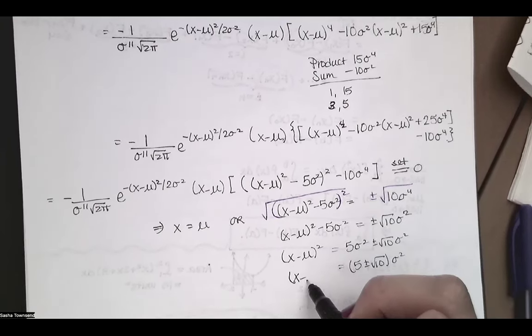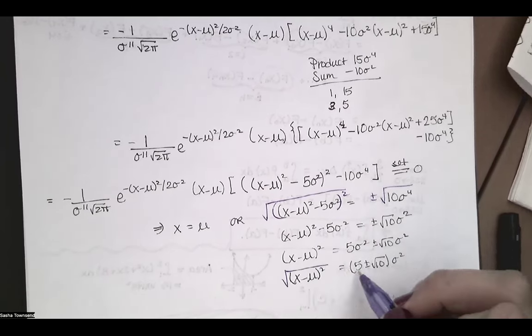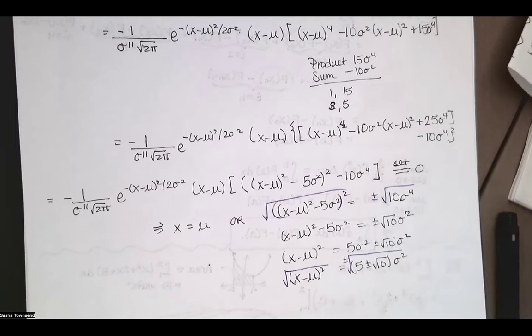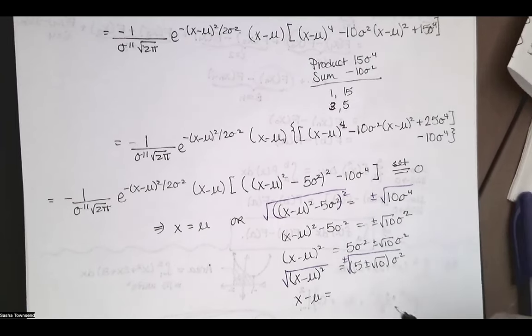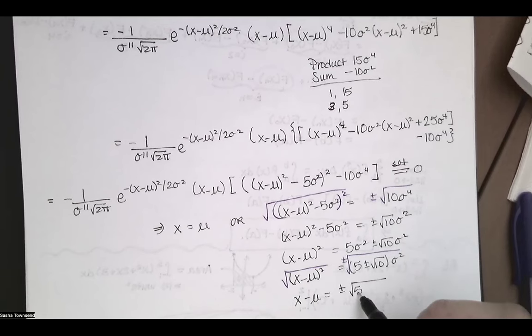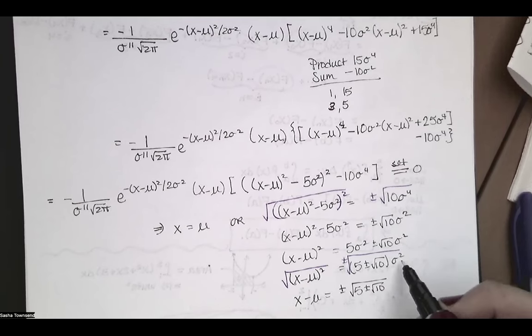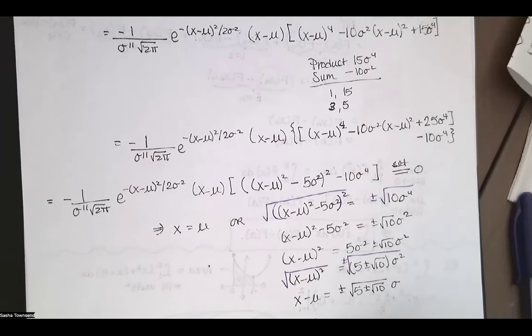And we still have an x minus mu squared there. Trying to get x by itself, so we'll take the square root of both sides. Don't forget your plus or minus on the right. We end up with x minus mu equals plus or minus the square root of 5 plus or minus the square root of 10, and square root of sigma squared is just sigma. So we have x equals the mean plus or minus this expression.